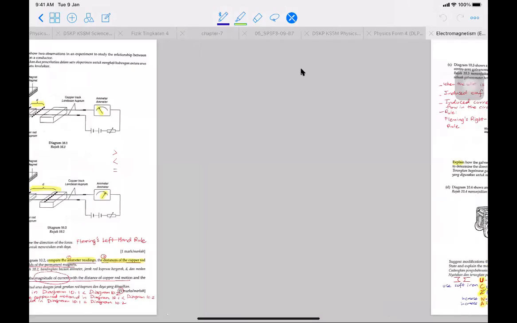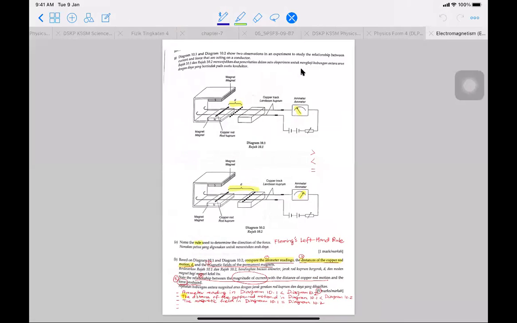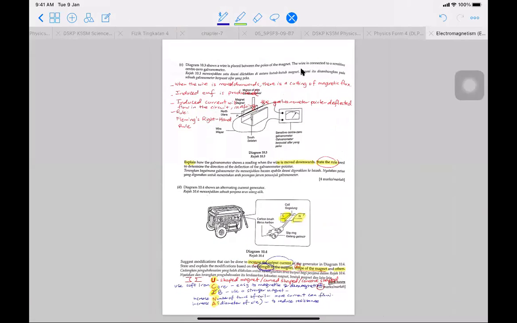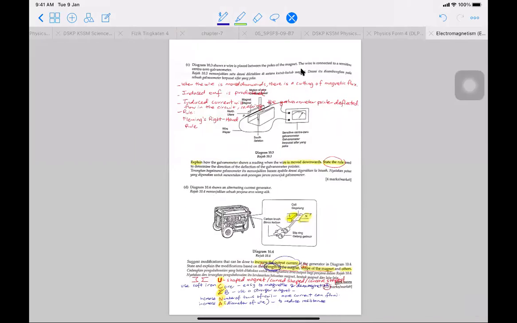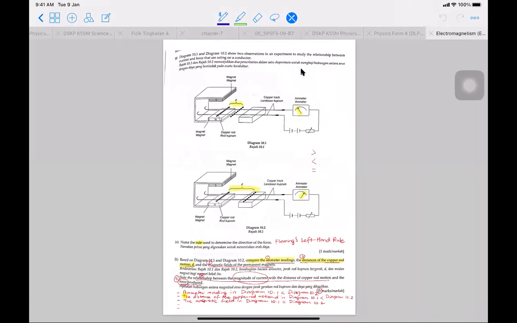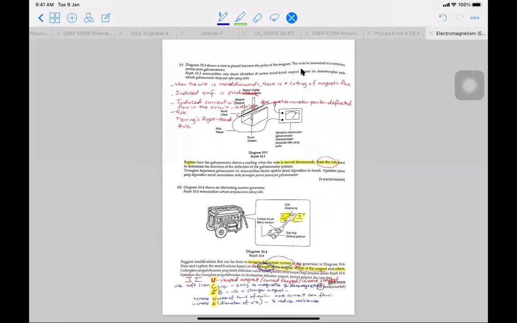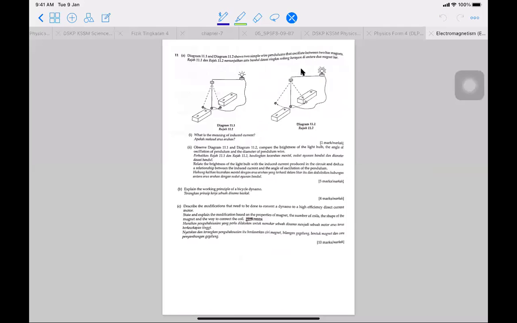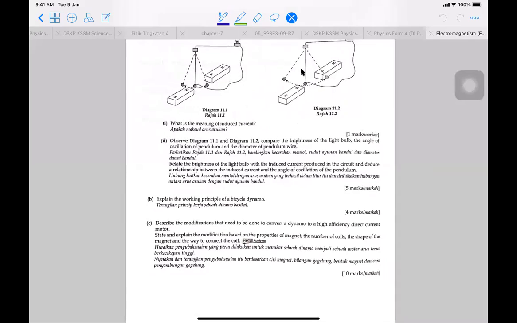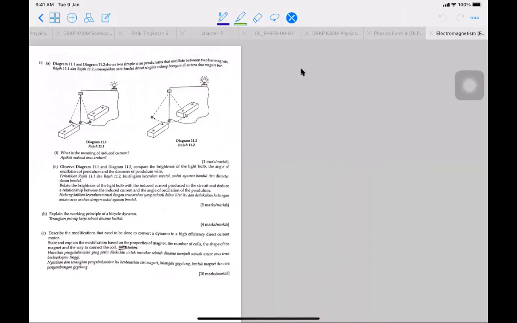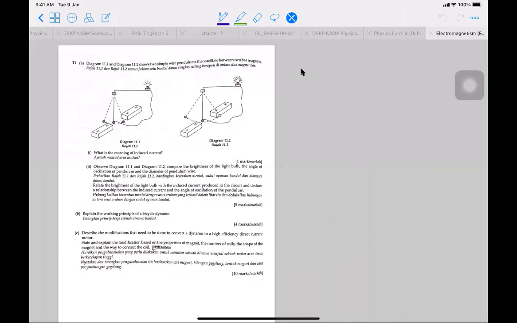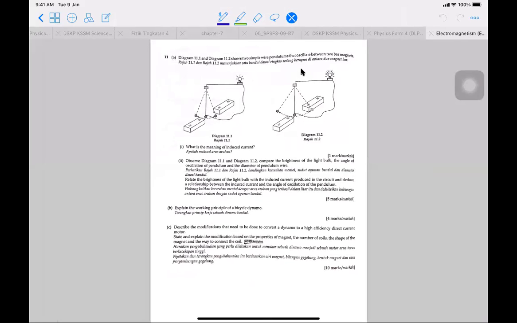So I will post the answer for this one and number 10. Later on, we will try and discuss the answer for number 11. You try and do that one first. Right? Try and do that one.